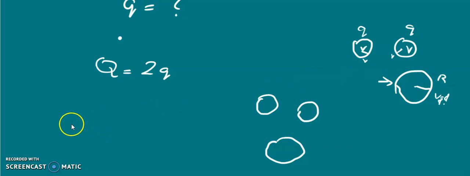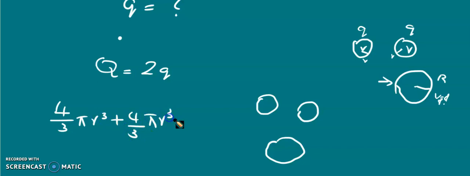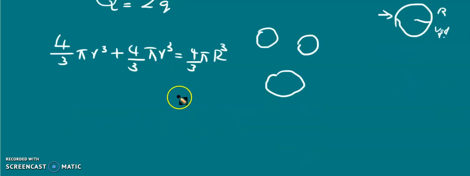For that, the volume adds. So the volume of the first sphere is 4 by 3 pi small r cube, and the second one also has the same volume, so the total is equal to 4 by 3 pi capital R cube. The 4 by 3's get cancelled: 2 into small r cube is equal to capital R cube.